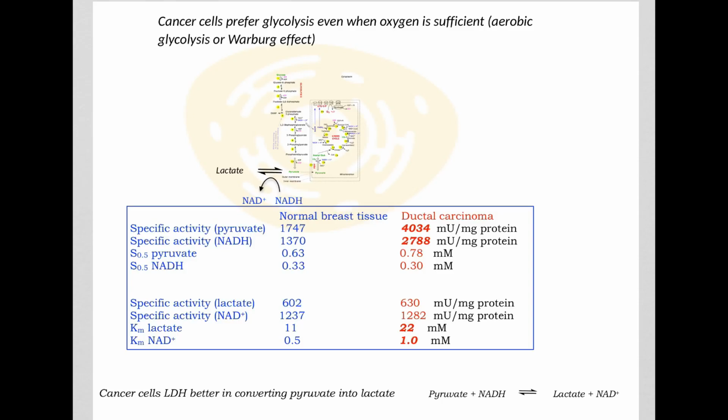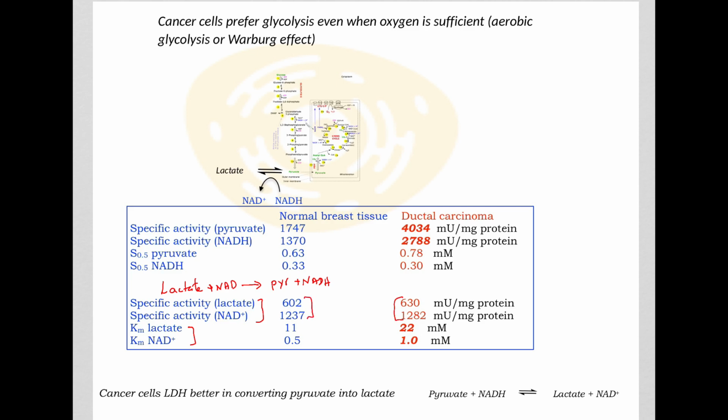So when the reverse reaction was studied, so here lactate plus NAD, the reverse reaction will give you pyruvate plus NADH. When the reverse reaction was studied, this is the data we get using lactate and NAD. As far as the specific activity, how much active enzyme there was, no difference.